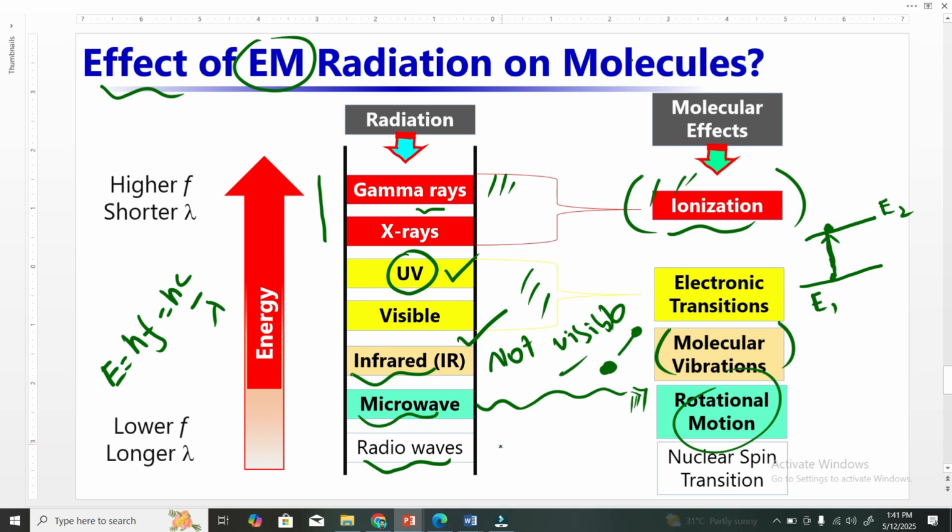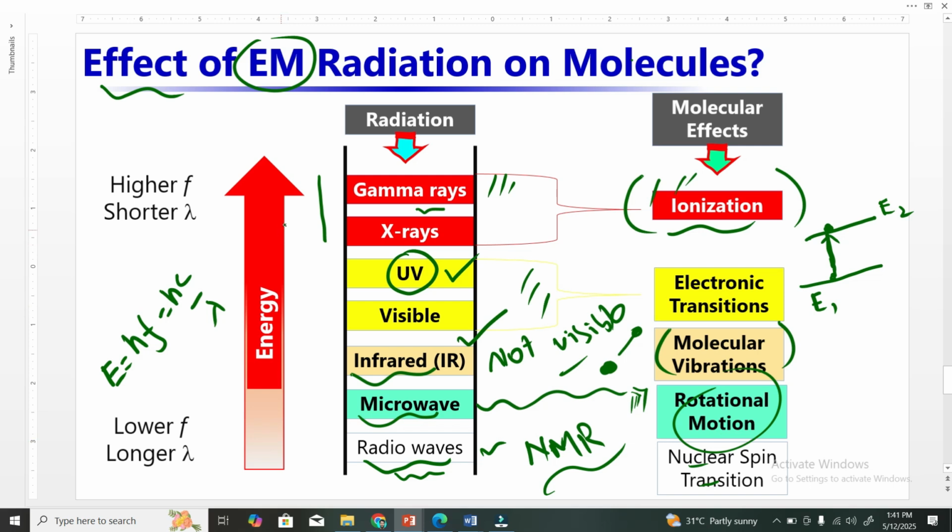Now the last one is radio waves, which is very, very important, and we use these radio waves in NMR analysis. These radiations are also used for other purposes, but particularly for research in material sciences, we use them for nuclear spin transitions, for the excitation of the nucleus. We want to study those nuclear spins, so we use radio waves.